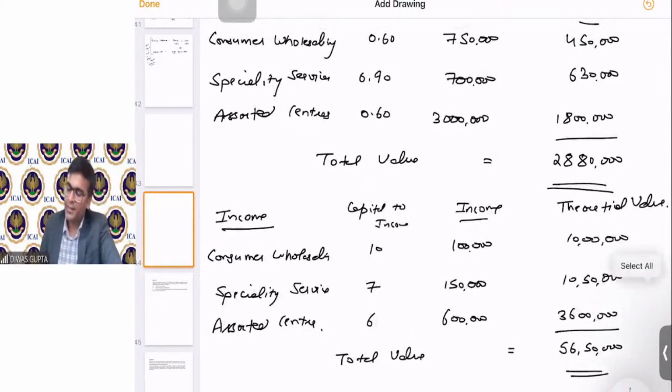Now under the chop shop method, we have calculated the values coming on account of different parameters, right? One basis sales, one basis assets, and third basis income. Now all these three values we have to average out.